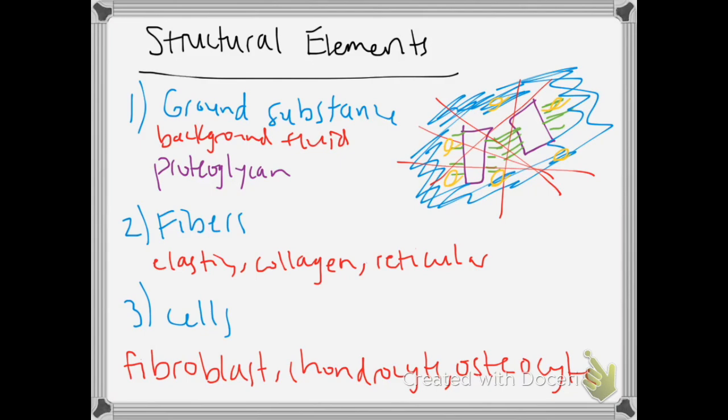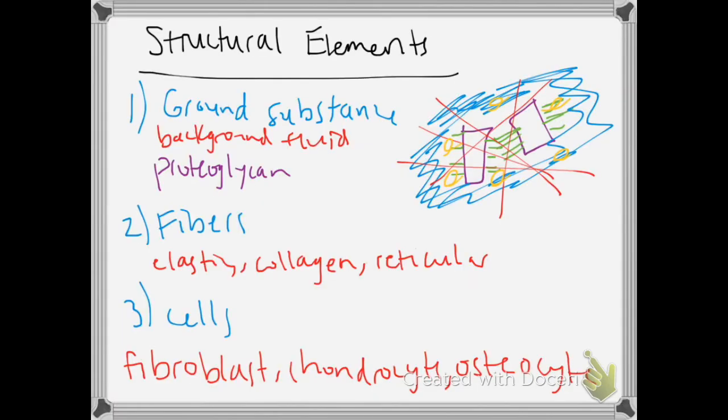If you look at the ground substance and the fibers within it, we have a name for that. If you just get rid of the cells, but you just look at the ground substance, which is the background fluid and the proteoglycan, you look at all the fibers, that makes up, so I'll do ground substance plus fibers equals the extracellular matrix.